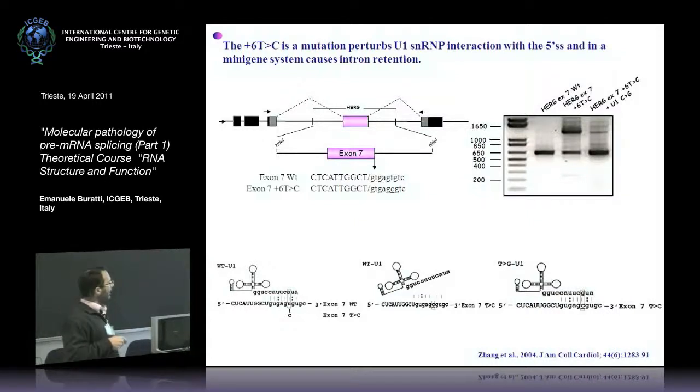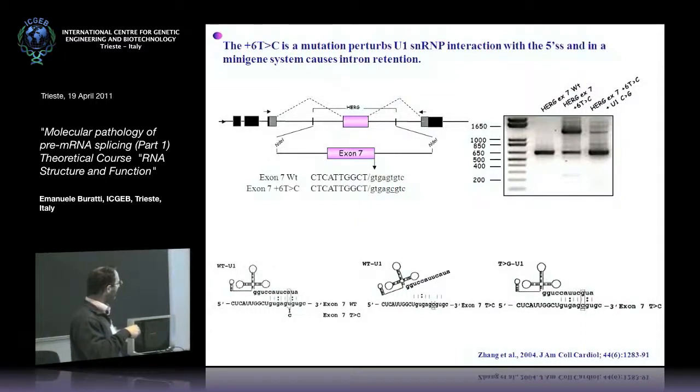And so you can prove that indeed this change is affecting the 5' splice site because, as John told you yesterday, the 5' splice site is recognized by U1 snRNP through a base pair interaction, an RNA-RNA interaction, and normally this T in position +6 base pairs with the A present in the U1 small nuclear RNA.